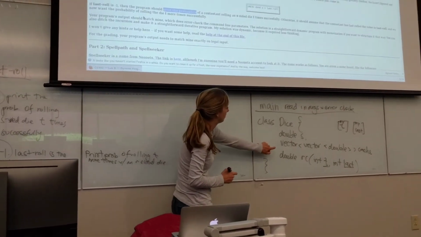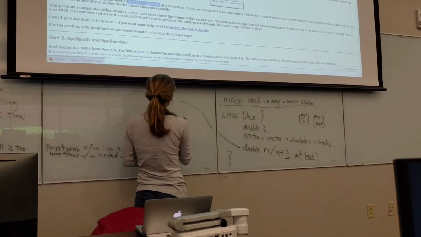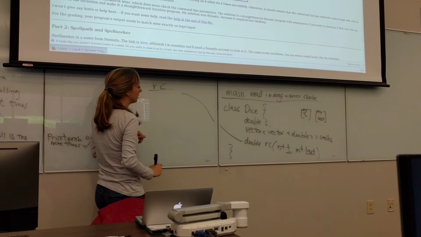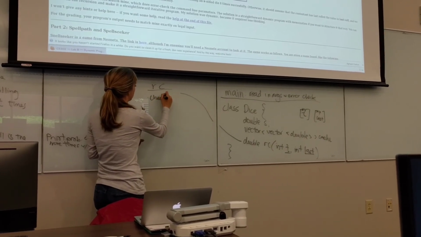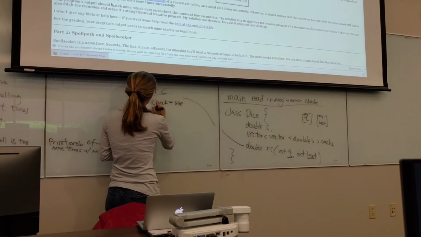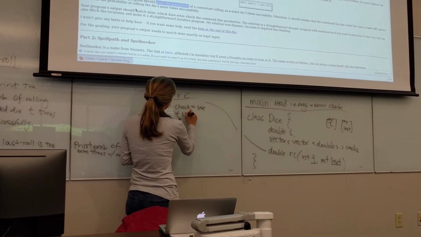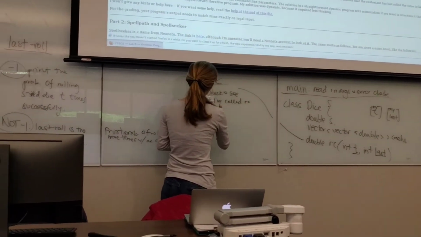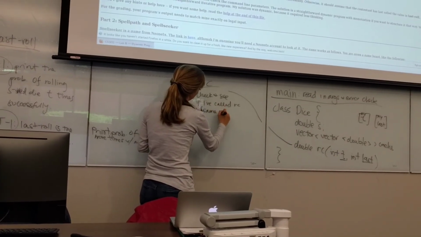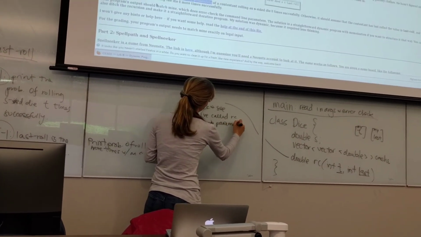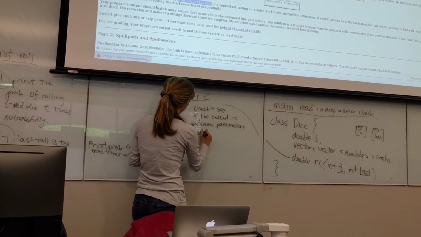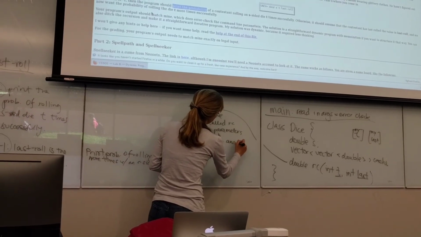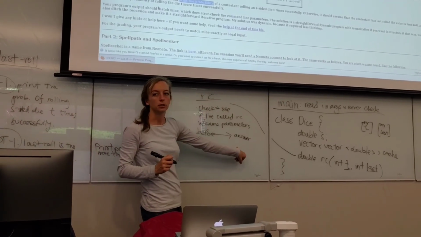So yeah, the recursive call right here is basically calculating these probabilities, and the first thing you do is check and see if I've called RC with the same parameters before. And if you have, the answer will be in the cache, because every time you calculate an answer, you're going to put it in the cache.